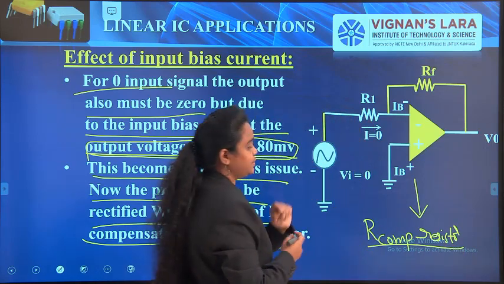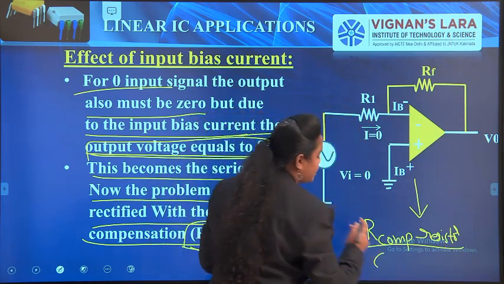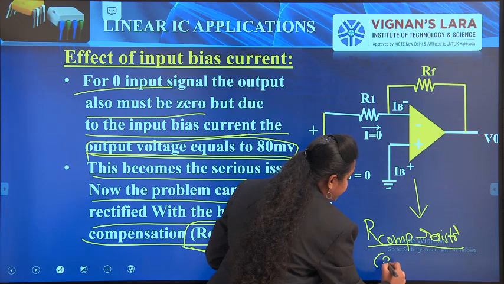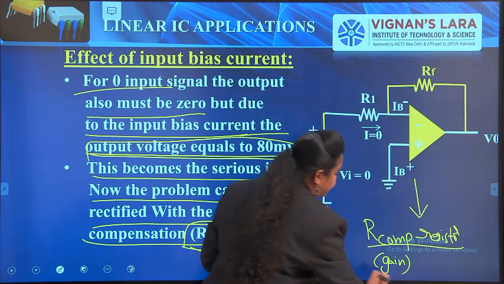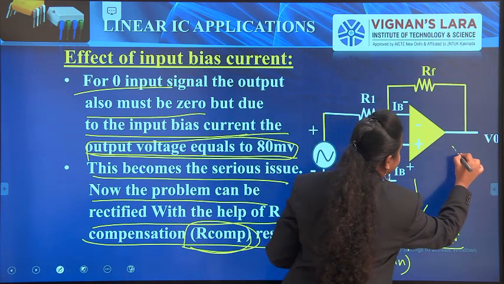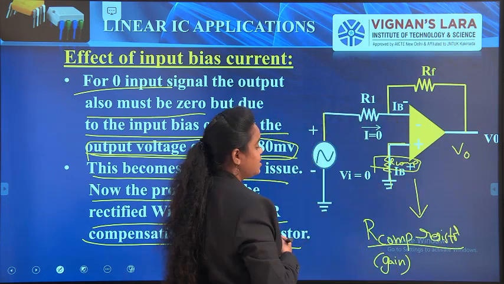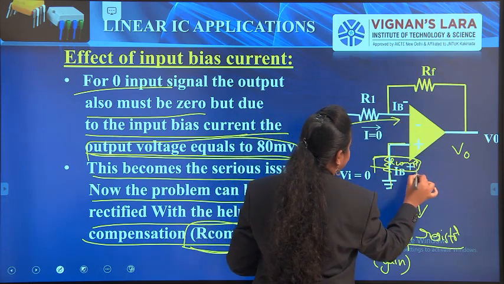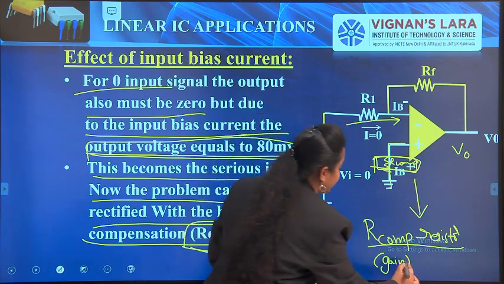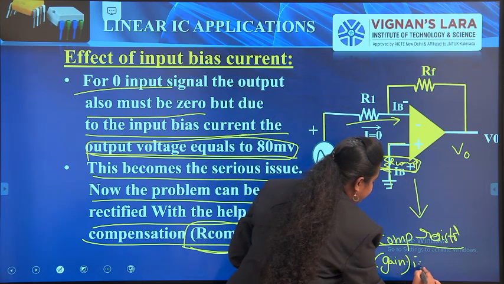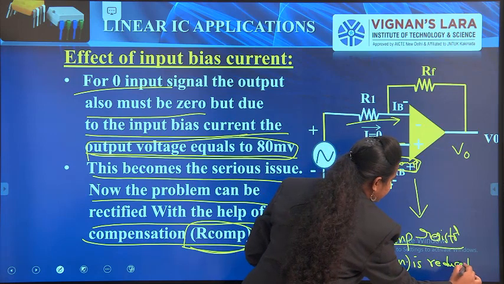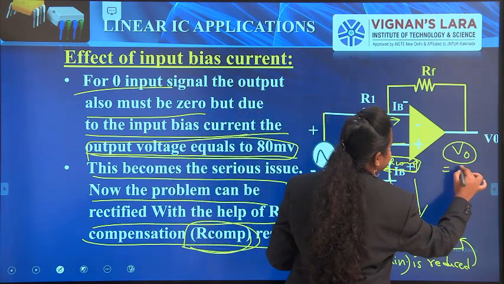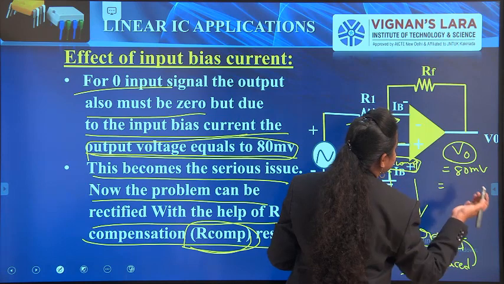Why? Because this compensation resistor is going to reduce the gain, and so reduce the output. By using this compensation resistor, the output voltage of 80 millivolts can be reduced to some 10 millivolts.